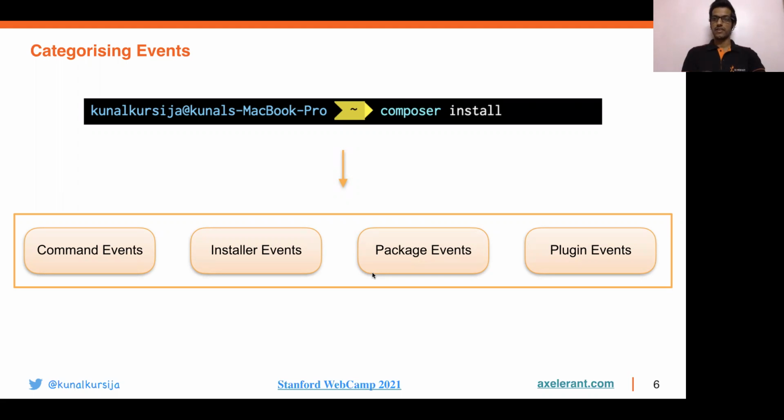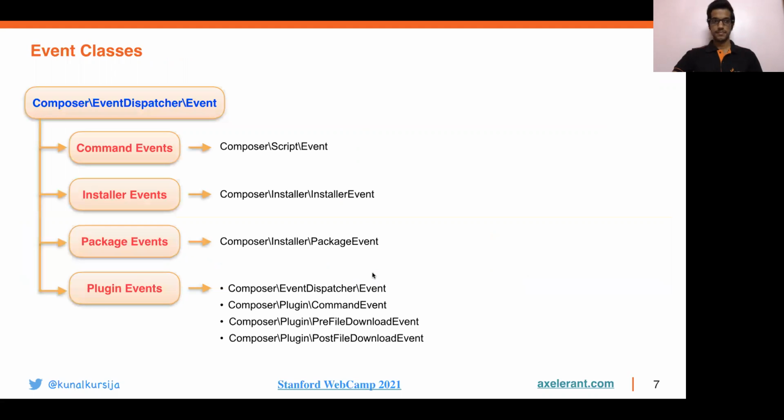These are the higher level categories. Under each category, you have a number of events available, which you can utilize based on your business requirement. What those events are, we'll look into in the next slides.